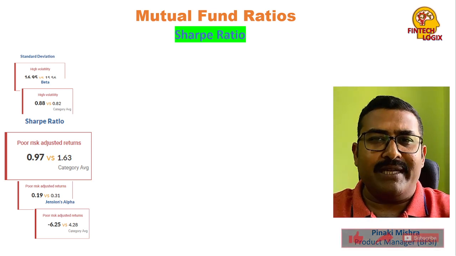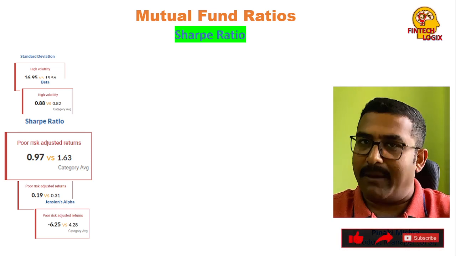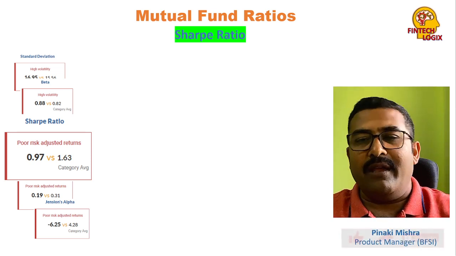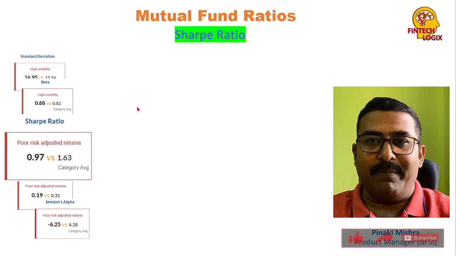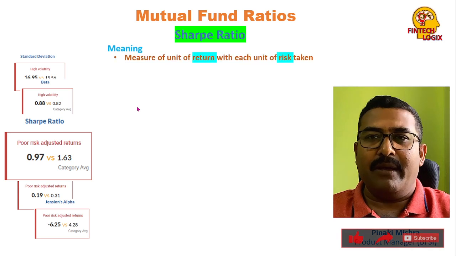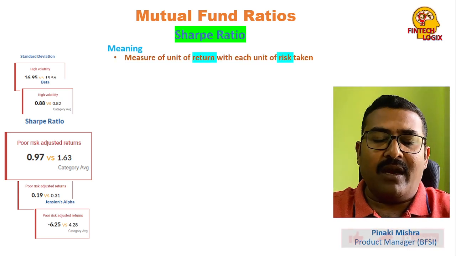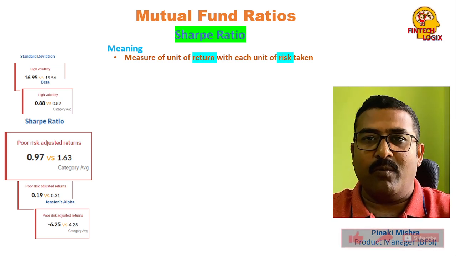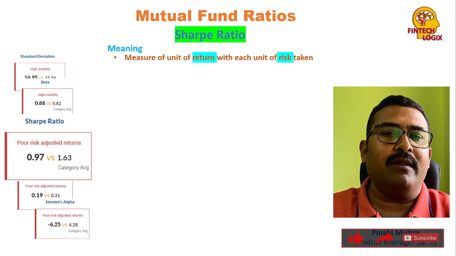So without wasting time, let's begin the topic of our discussion today, the Sharpe ratio. If we look at the basic definition, this is basically the measure of risk that is taken with respect to the return that is made.